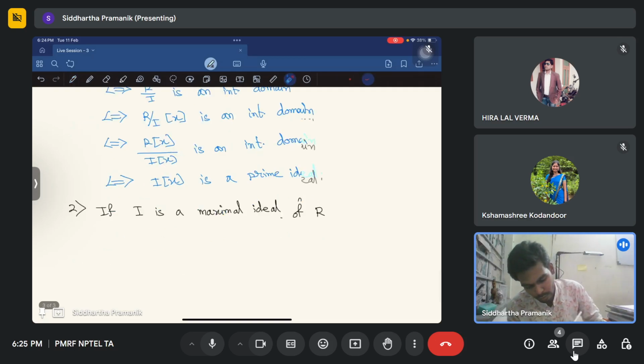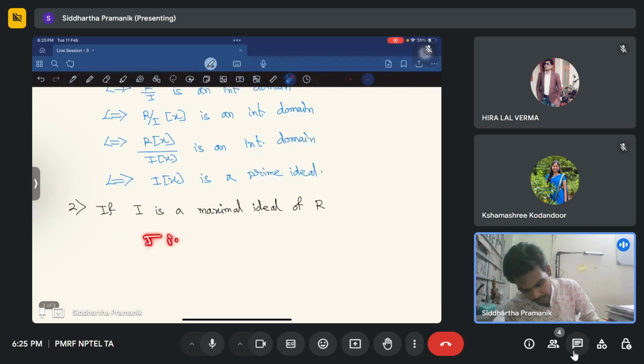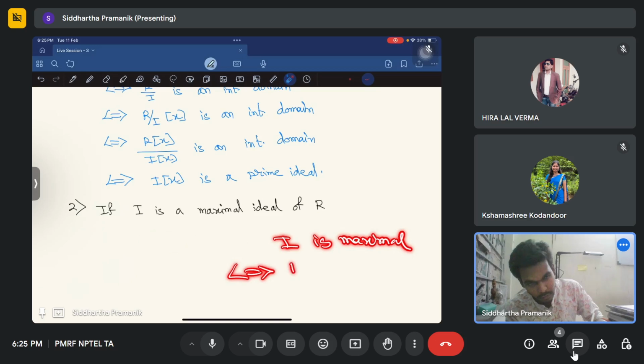Okay, so I is maximal. An ideal is maximal if and only if the quotient is a field. I hope you have seen this in the lectures. So I is maximal if and only if R mod I is a field.